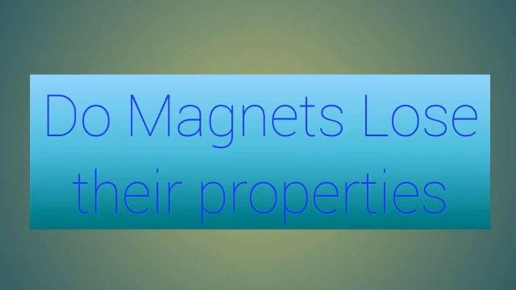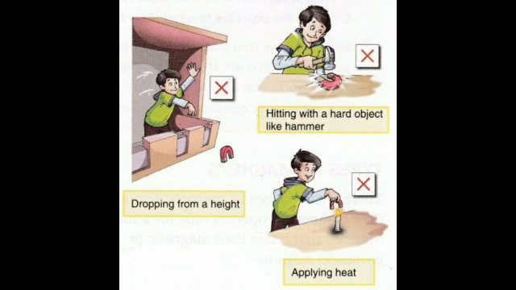Do magnets lose their properties? Let us see under what conditions magnets lose their magnetic properties. Magnets lose their magnetic properties if they are heated, dropped from a height, or hit with a hammer.